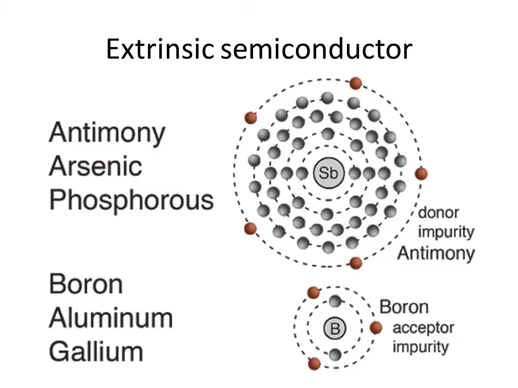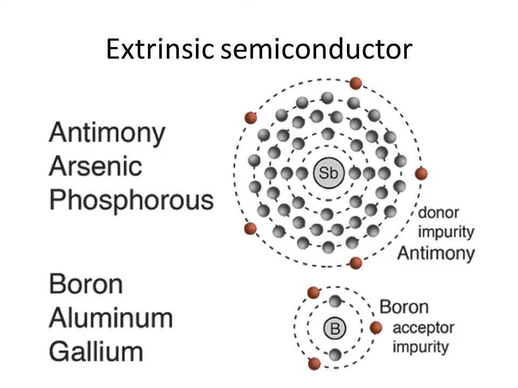8 is sufficient, so 1 extra electron is not capable of being part of any bond, and it will be free and go to the conduction band. If you have 1 antimony impurity atom, it contributes 1 extra free electron. 2 antimony atoms will contribute 2 electrons.